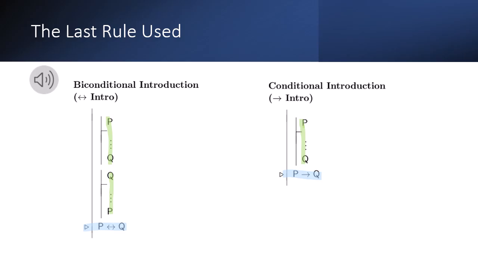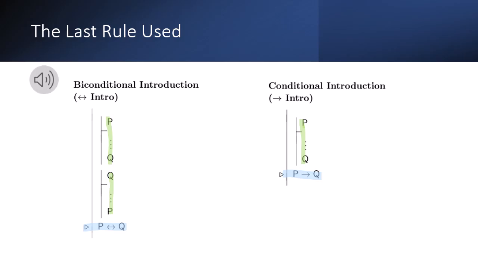What that means is that if all of the temporary assumptions are in force on the line highlighted in blue, and additionally we know that P is true, well, then Q would have to be true as well. In other words, there's no possible circumstance where P would be true and Q would be false. And that means that that conditional would have to be true, and therefore it's a tautological consequence of the assumptions in play at that line.